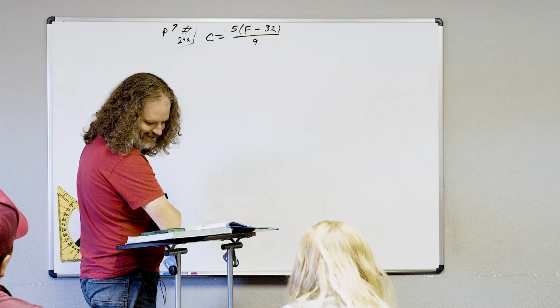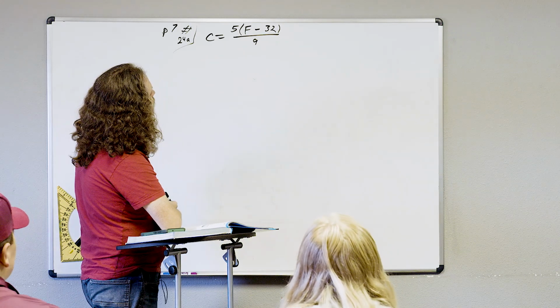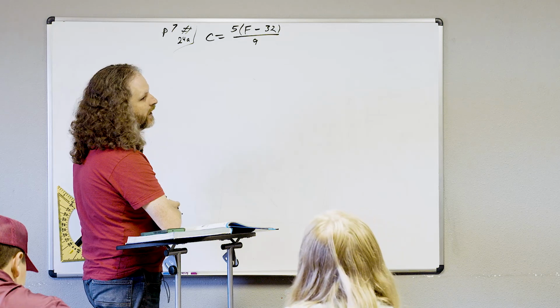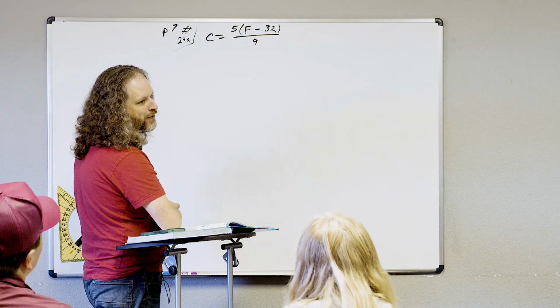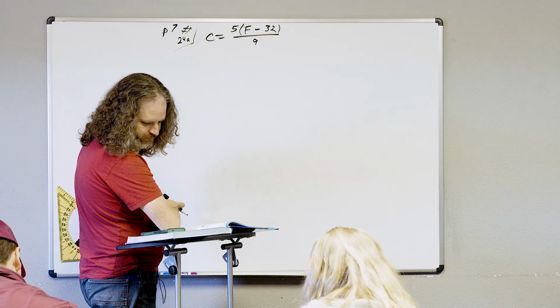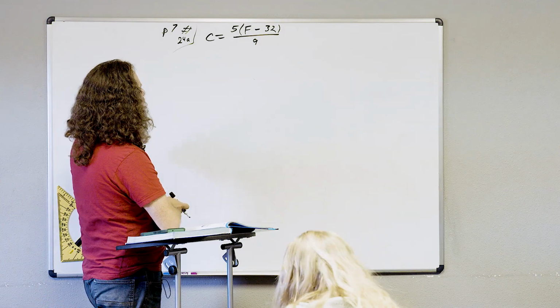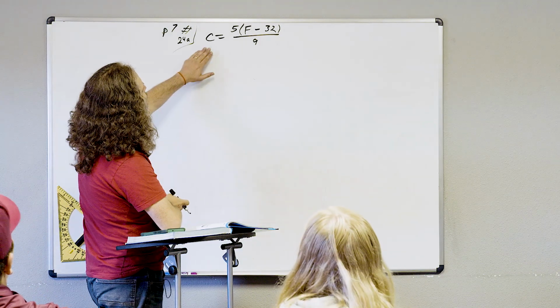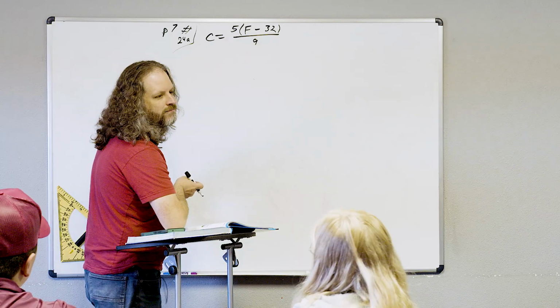Oh my gosh, I forgot the little degree symbol. Well, you don't need it yet. I don't need it because I don't have any numbers written. I literally didn't forget anything because these are not the units. These are variables.